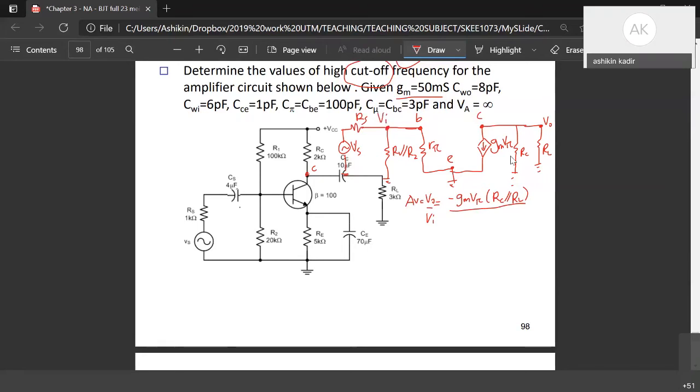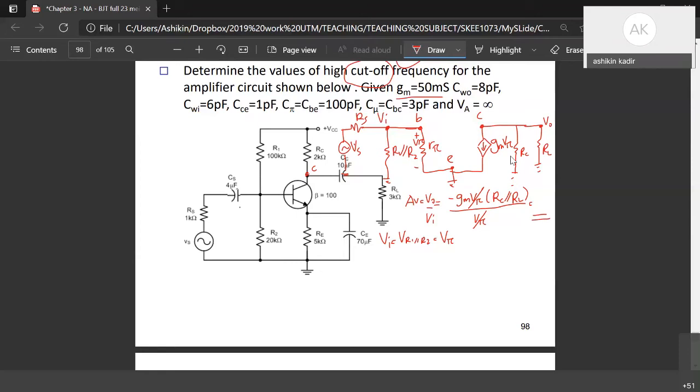VI here equals VR1 parallel R2, which equals V pi. Now you can know that your AV equals negative GM multiplied with RC parallel with RL. So now you get the AV value. How much is the AV value?